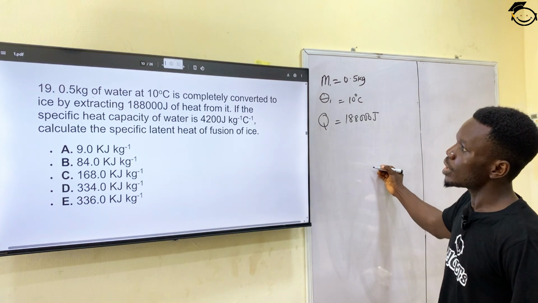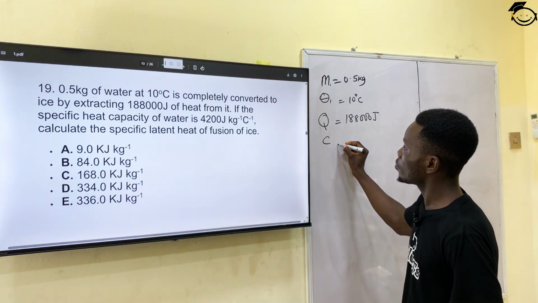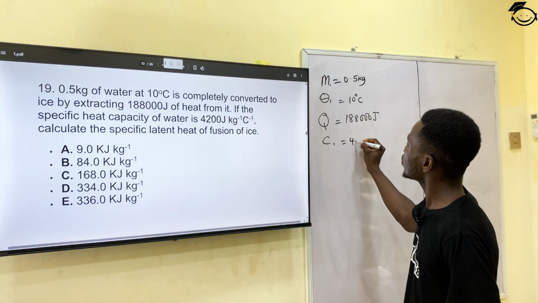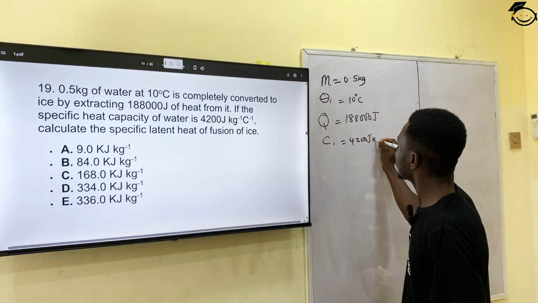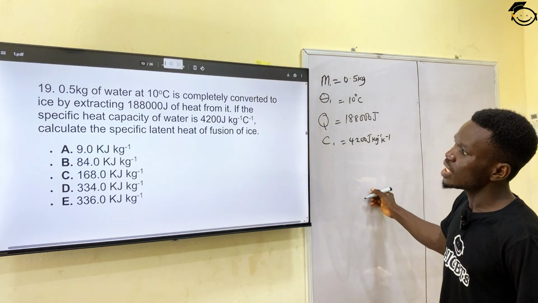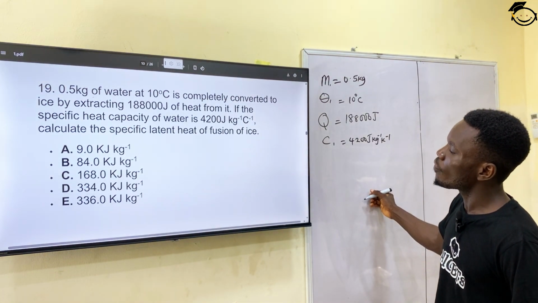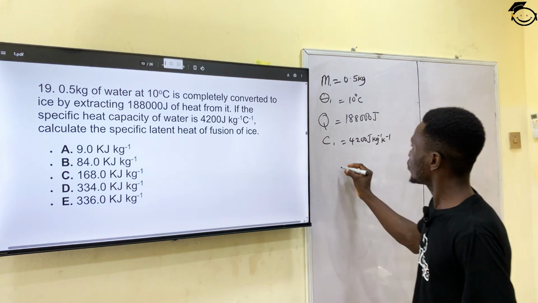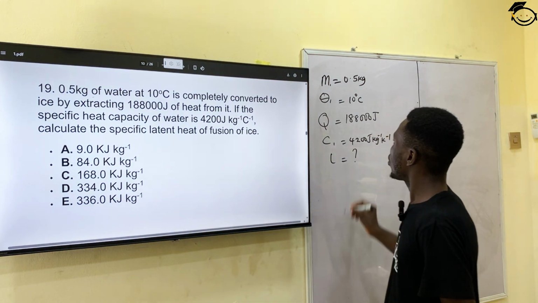If the specific heat capacity of water, C1 here, is 4,200 joules per kilogram per Kelvin, calculate the specific latent heat of fusion of ice. So we're looking for the specific latent heat of fusion of ice.